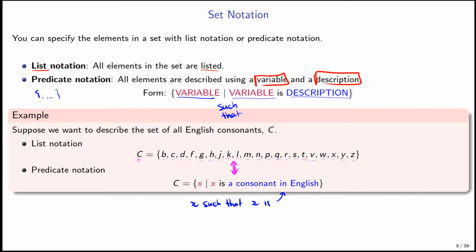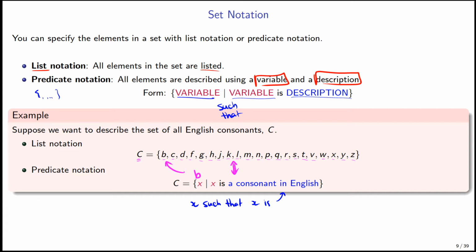So how you can think of this is that your variable runs through literally everything in the universe. And when the thing that it encounters is a consonant, it fills it in. So when X sees A, for instance, it says, well, A is not a consonant, so A doesn't get added to the set. Then it sees B. Well, B is a consonant.